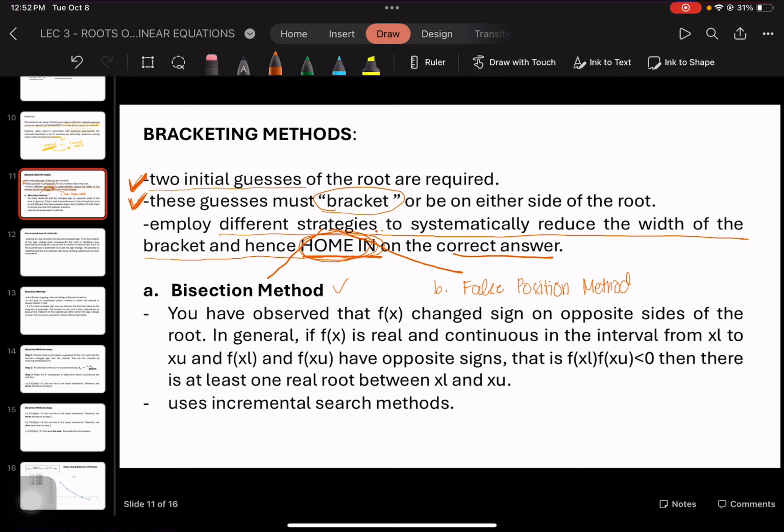So, gumagamit daw siya ng incremental search methods.